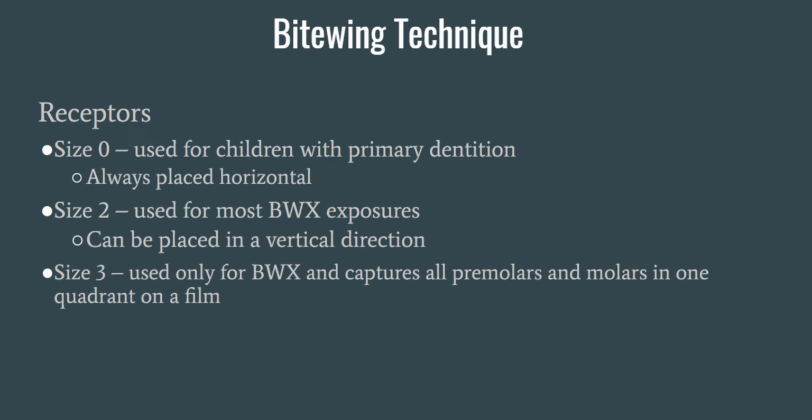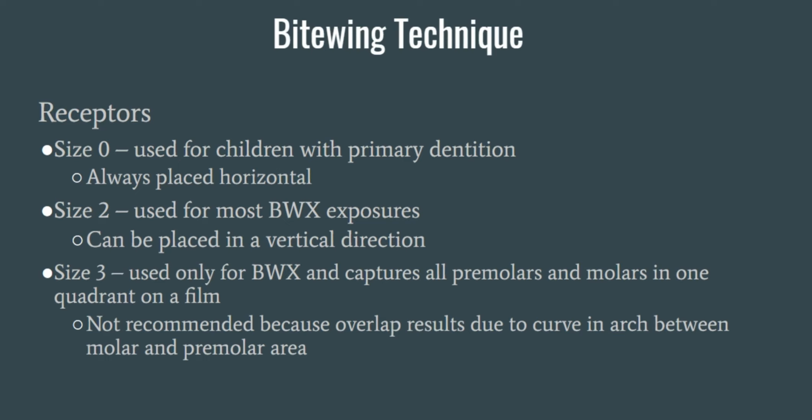Size 3 bitewing film is used only for bitewings, and it's going to capture all posterior teeth, so all premolars and all molars, in one quadrant on a film. But it is no longer recommended because of the overlap.